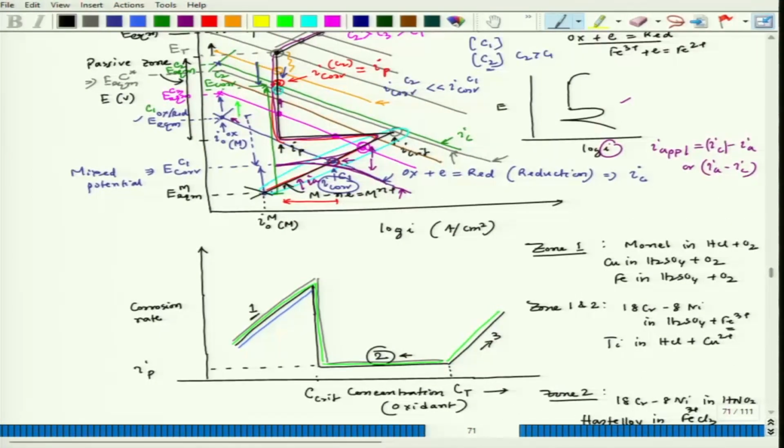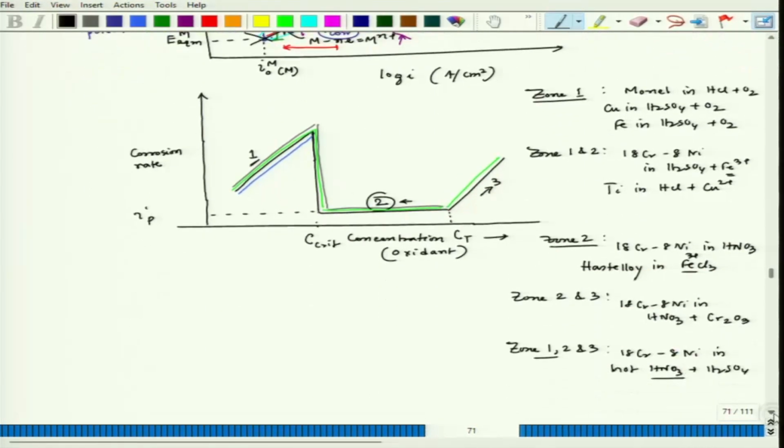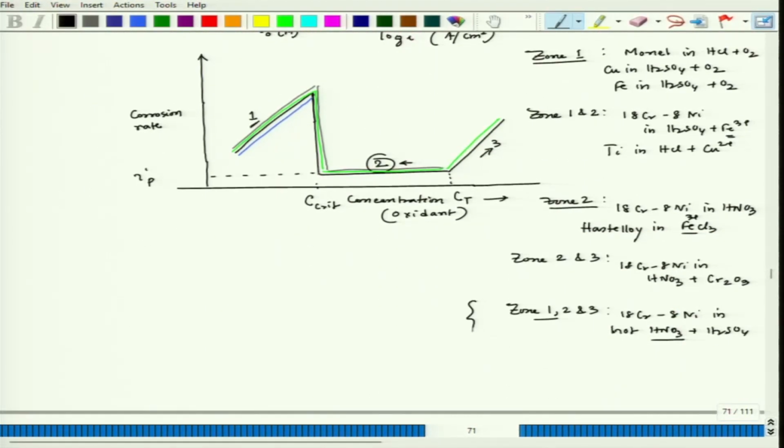Now, it will go from this location upward, and then finally it will show all those zones, but it depends. This particular case is decided by the relative content of HNO3 and H2SO4.